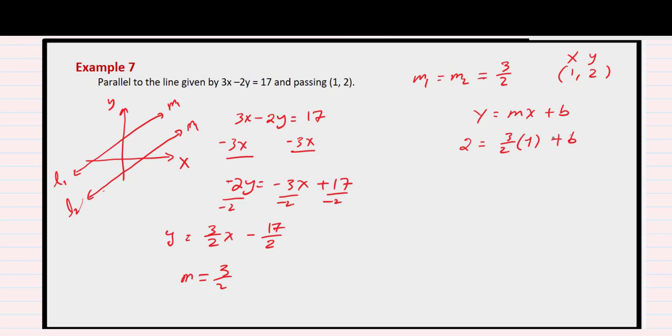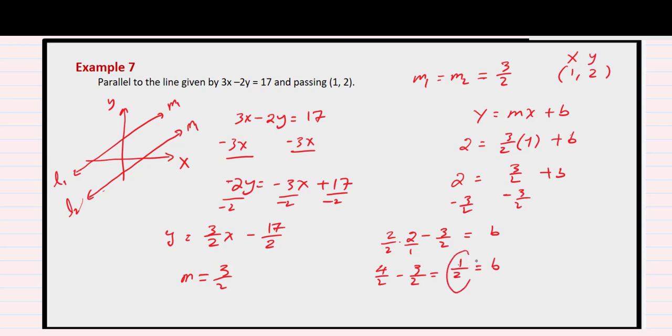What I did was substitute the values of x and y. 2 equals 3 over 2 plus b. Now I'm going to subtract 3 over 2 from both sides. So this is 2 minus 3 over 2 equals b. Put 2 over 1, and multiply numerator and denominator by 2 because they don't have the same denominator. So I have 4 over 2 minus 3 over 2, and this gives me 1 over 2. That will be the y-intercept.